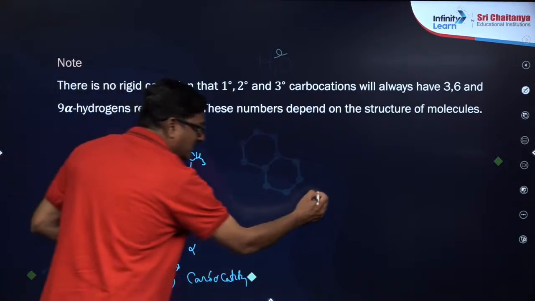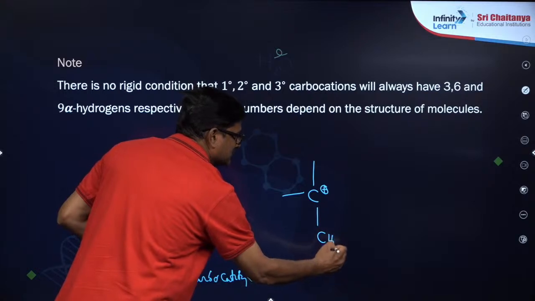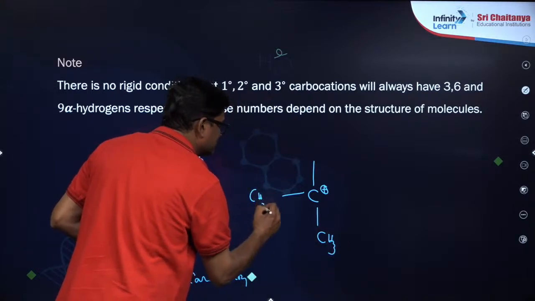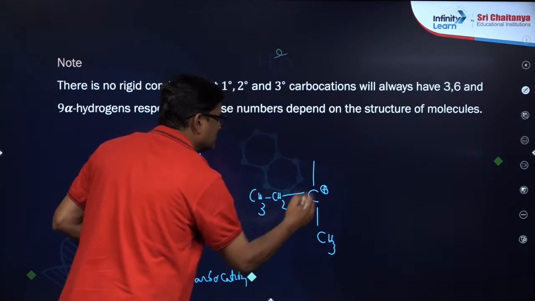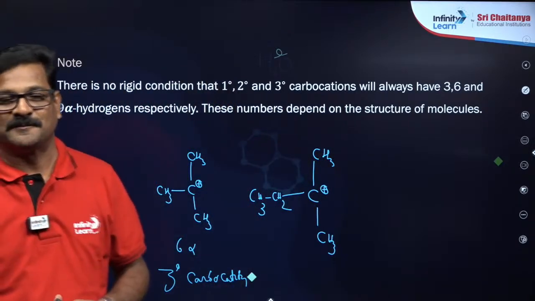The same tertiary carbocation I would like to take. How many alpha hydrogens are there?